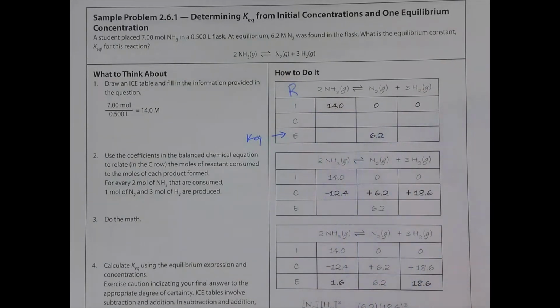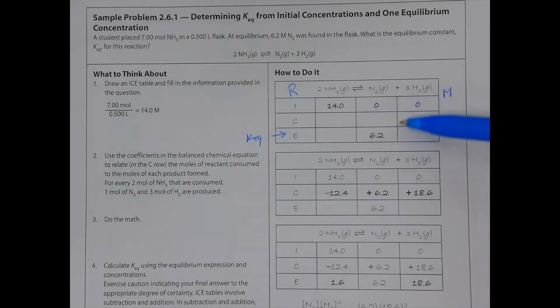So we can fill in the numbers we know. All the numbers we're placing in here are going to be molarities, so we don't have to worry about writing all our units right now. We're just trying to fill out our little table. So we are going to look first at the column that has the most information, and that's our nitrogen in this case.